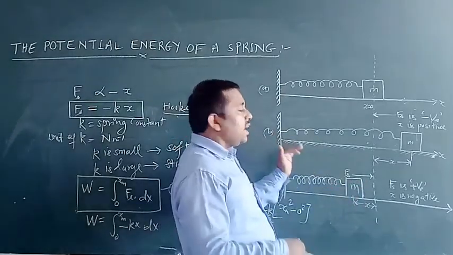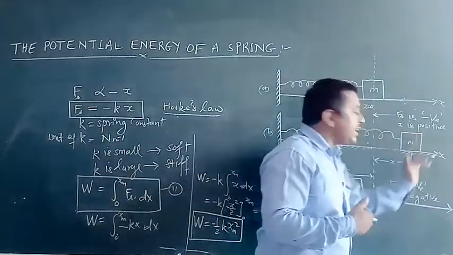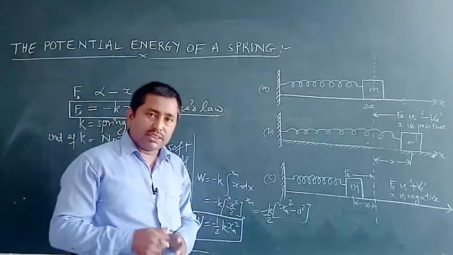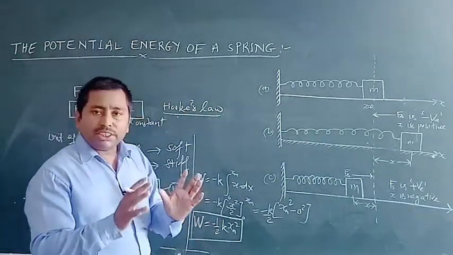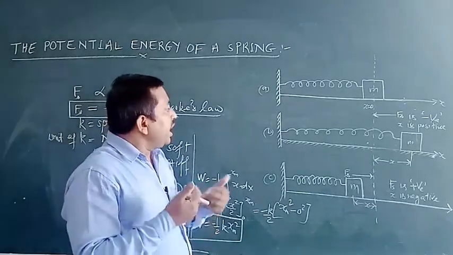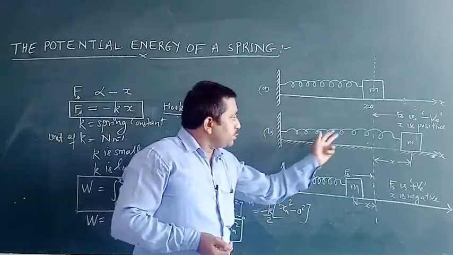So if the direction of the applied external force is in the direction of displacement, then in that case the total amount of work done can be considered as positive. So such type of work done can be stored as a potential energy in the spring.